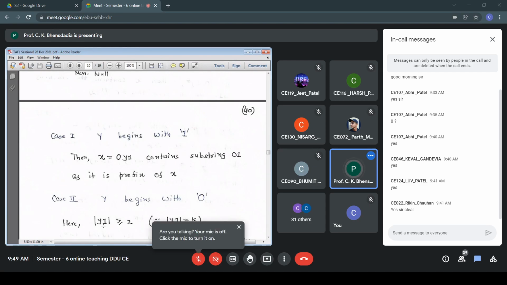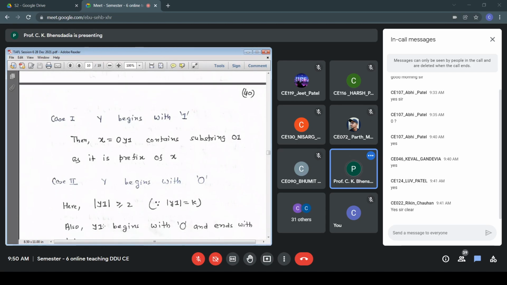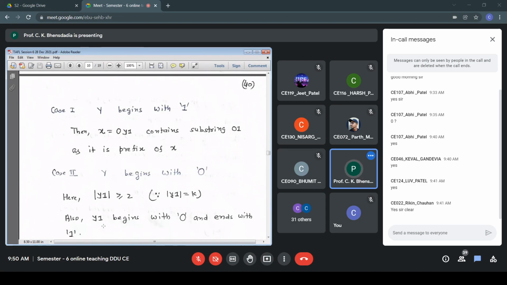My x is 0 y1. Total length of x is k plus 1. Length of y1 is k. K is at least 2. Therefore length of y1 is greater than or equal to 2. In fact, length of y1 is k. And why do we categorically state that? Here, length of y1 is k.